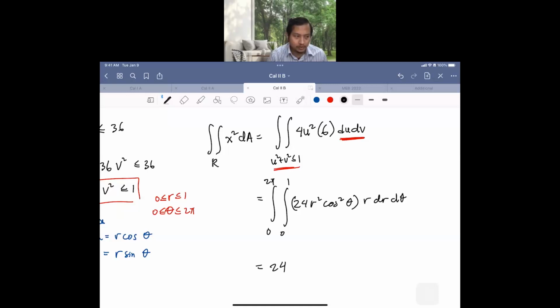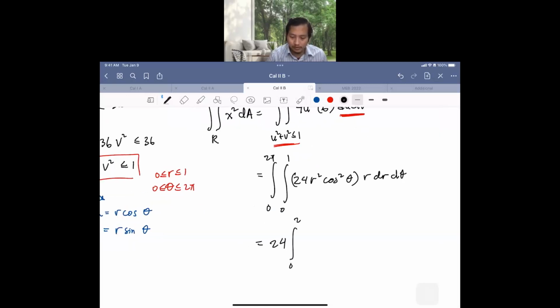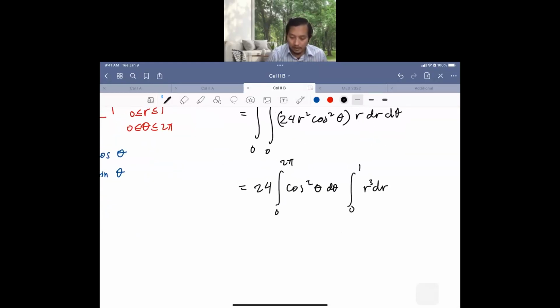So 24, this will be the integral of cos squared theta d theta, and then the integral from 0 to 1 of r dr, or r cubed, sorry. And here cos squared becomes 1 plus cos 2 theta divided by 2. Maybe take that outside and make it into 12.